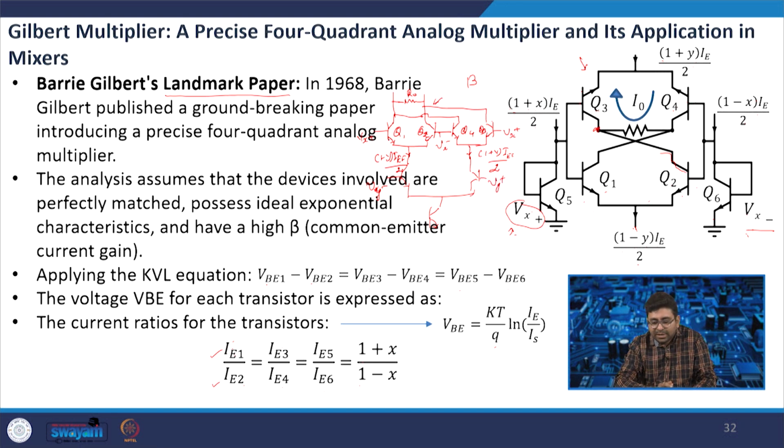So, this is a complete mixer, and you can also use V_x as LO and V_y as RF, and there are other applications also where V_y is used as LO and V_x is used as RF. So, this is how this Gilbert cell mixer evolved.